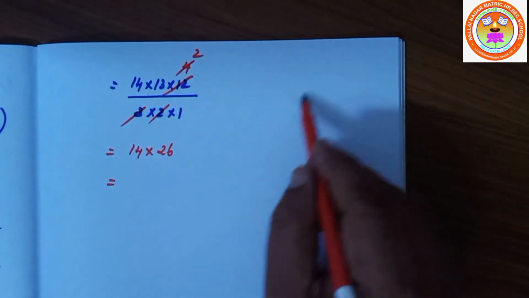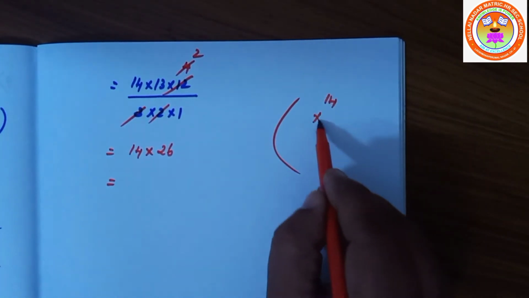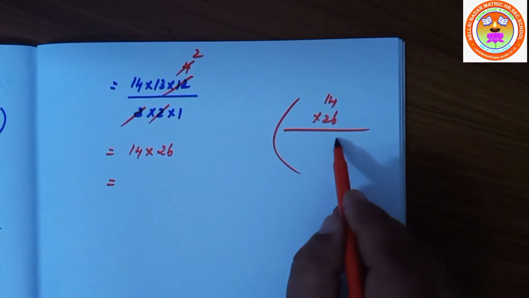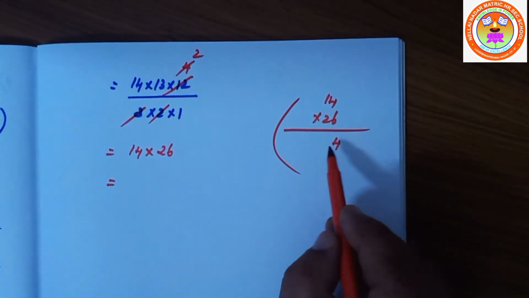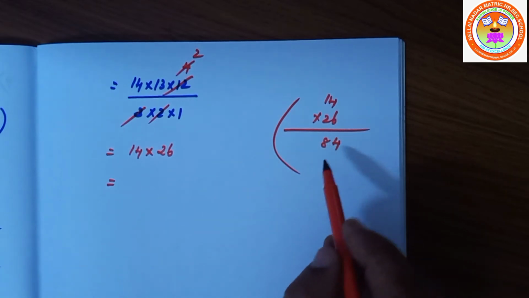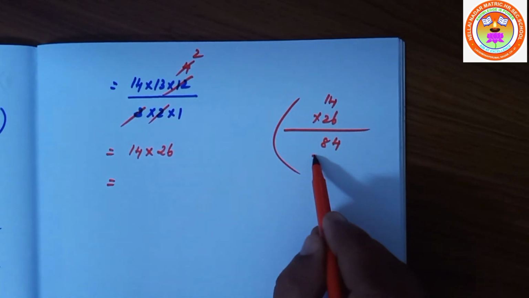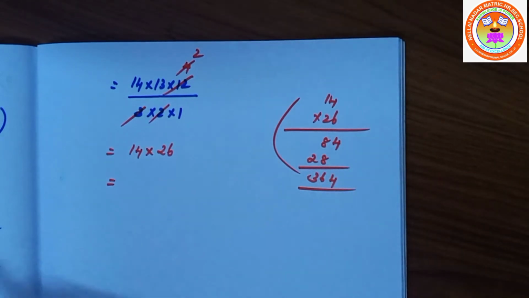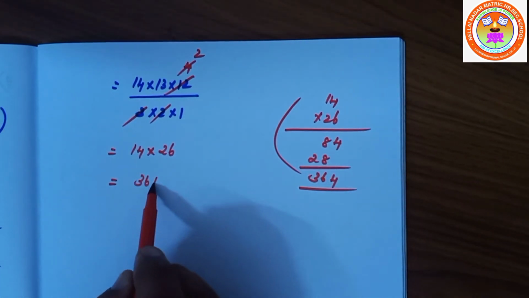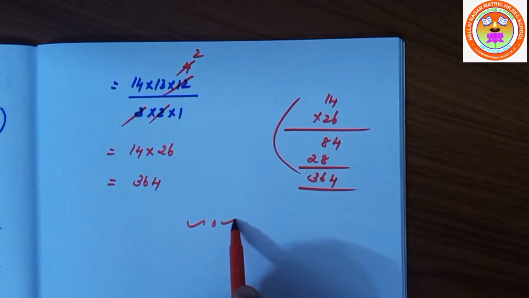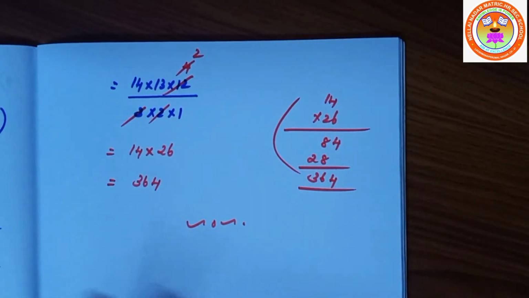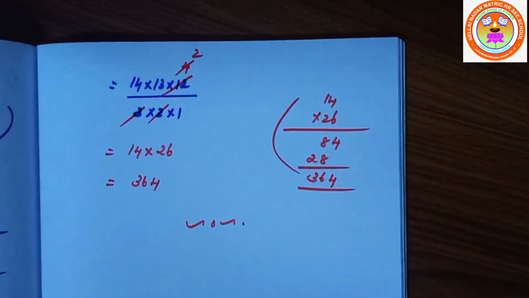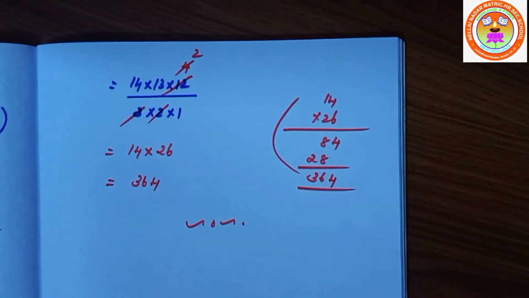I do the calculation here. 14 into 26, 6 4s are 24, balance 2, 6 1s are 6 plus 2, 8, and 2 into 14, that is equal to 28. That is 364. That is the answer. That's all. Problem number 9 also completed. Then I'll be teaching the last problem, that is problem number 10.